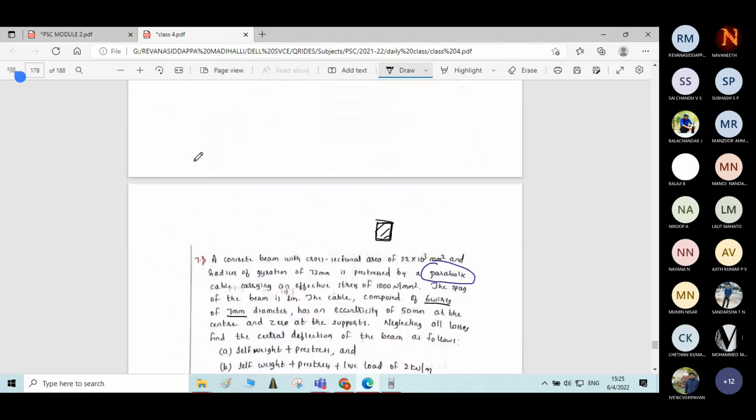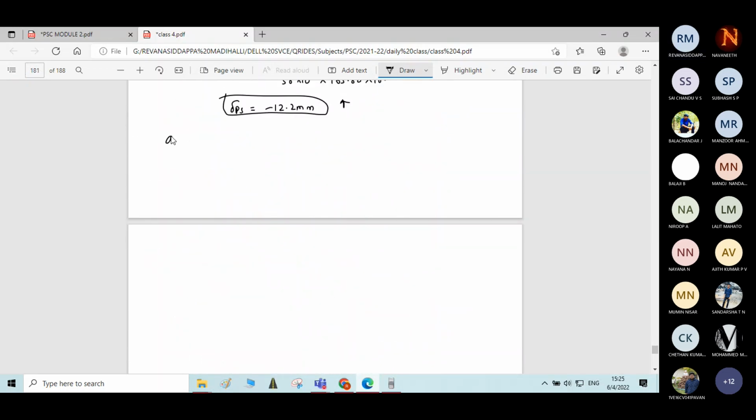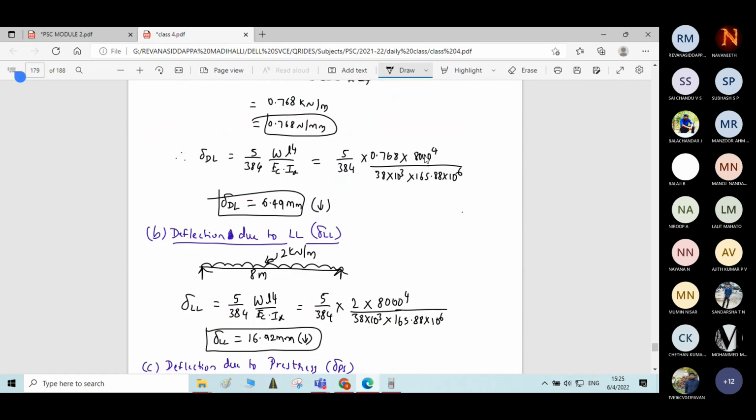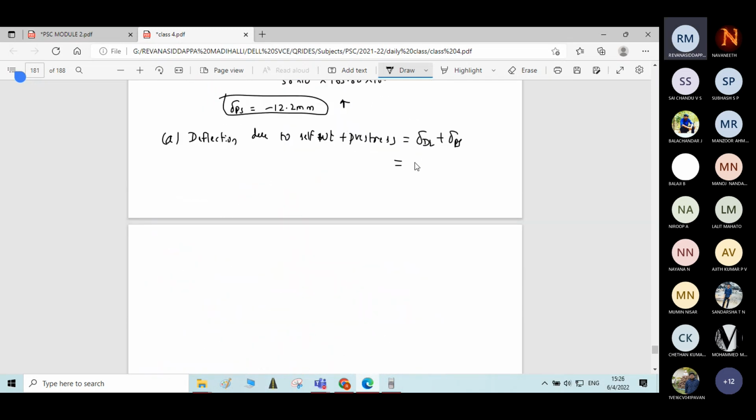Question number A: deflection due to self-weight plus prestress is equal to delta DL plus delta PS, which is 6.49 minus 12.2.